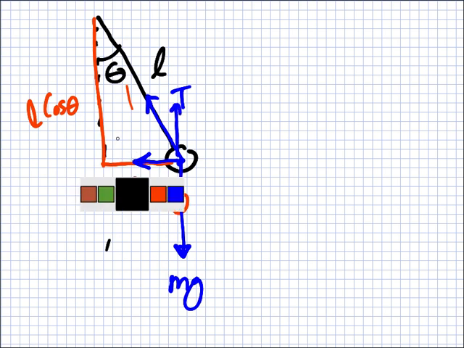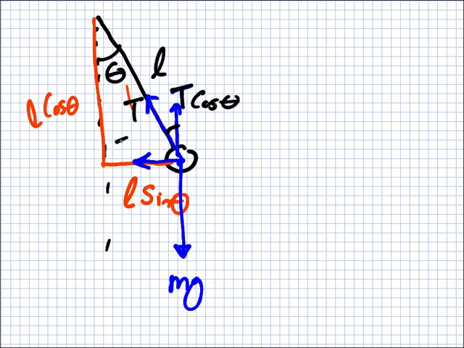So if that's theta, then this angle here is theta. So if the T is there, then this is T cos theta, and this is T sine theta. Okay. So first thing is T cos theta will equal mg.